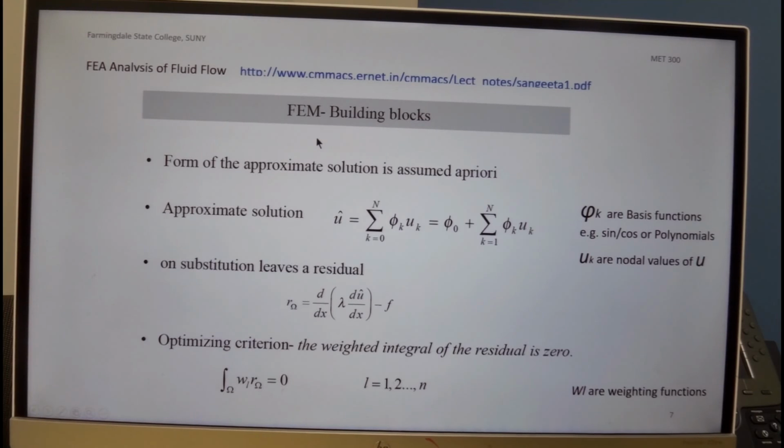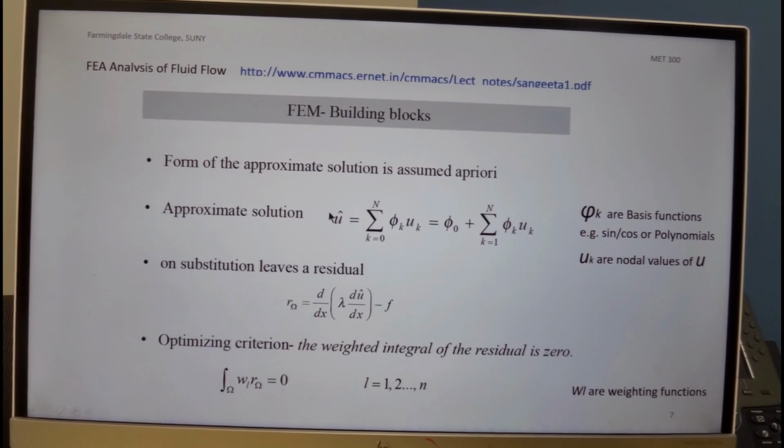To build the finite element analysis, we start by assuming a solution which consists of nodal values uk of the unknown variable multiplied times some trial basis function. The basis functions are typically polynomials or sine cosine forms.